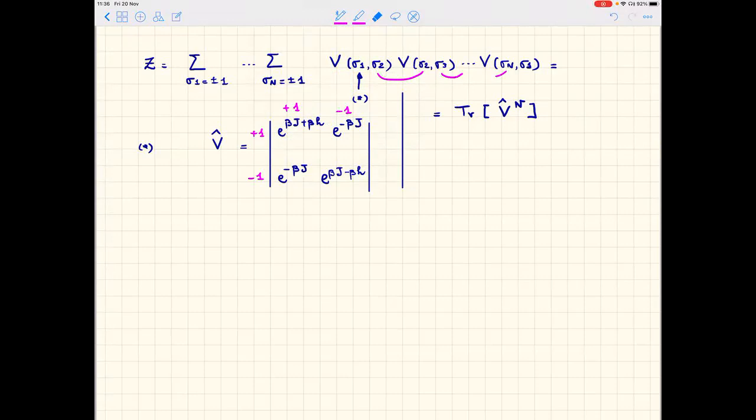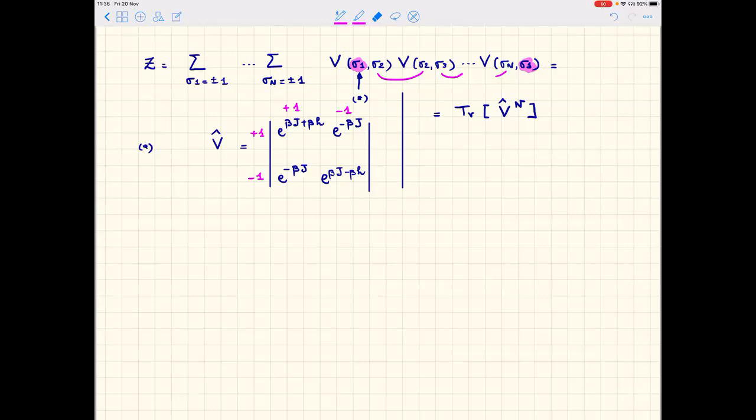And now why the trace? Because you see that I'm summing over sigma 1 explicitly. And if I have a matrix and I take the two indices of the matrix elements equal and I sum over them, this is by definition the trace. Because the only things left are the sigma 1 in the first and the sigma 1 in the last. These are the only things that I did not sum over, but now I'm taking them equal and summing over sigma 1, and therefore I have a trace.